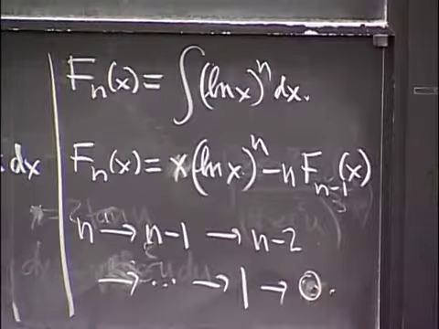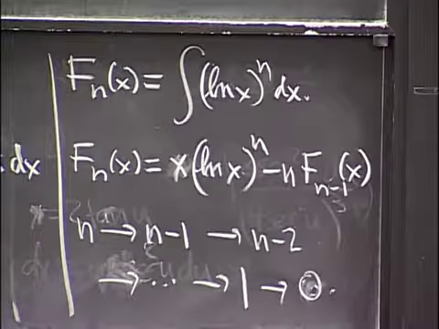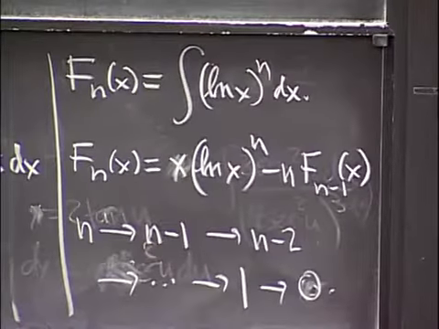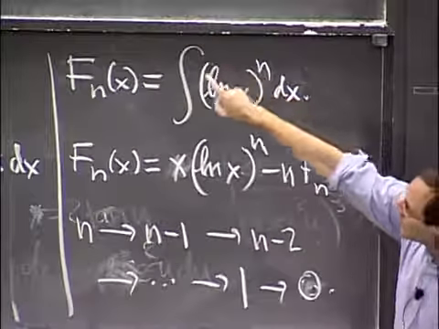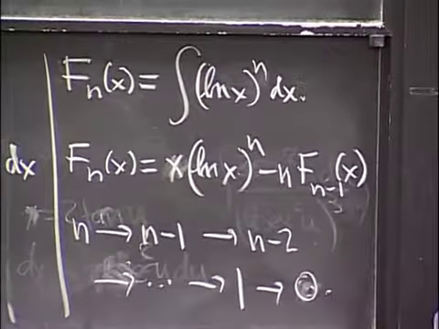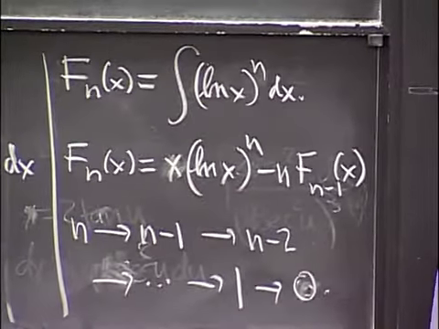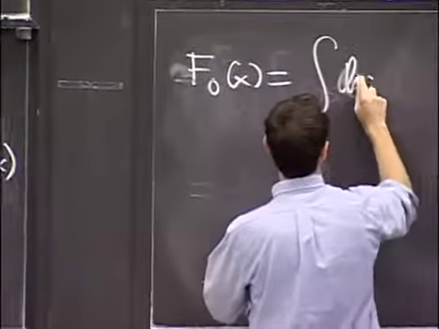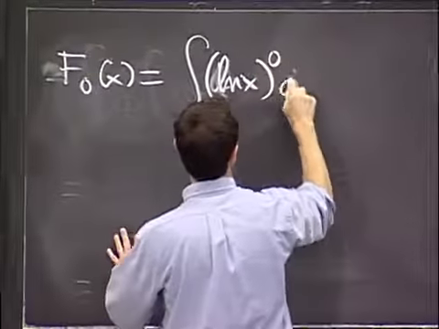All right, so this is the idea of a reduction formula, and let me illustrate it exactly in the context of examples 1 and 2. So the first step would be to evaluate f 0, which is, if you like, the integral of log x to the 0 power dx.